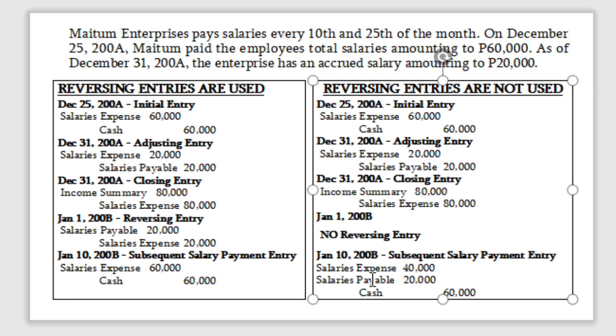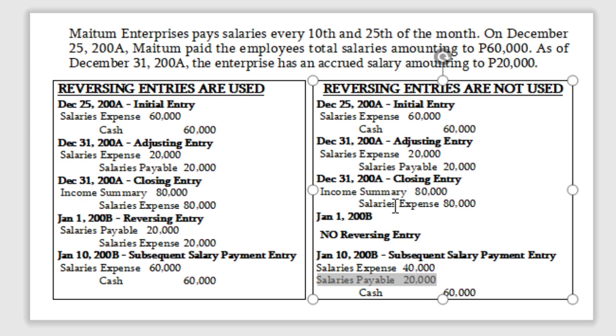Okay. So, yung salaries expense natin is 40 na lang. Kasi nga, yung natirang days last year, which is from December 26 to January 10, yun dapat yung nakapaloob yung 60.